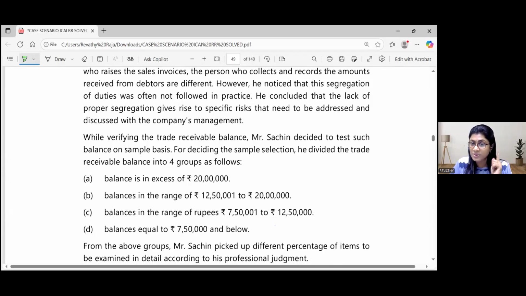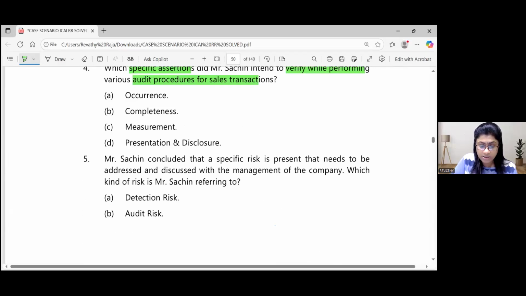P&L account pertains means it is occurrence. So the answer is A, occurrence. Anyway, it's not completeness. It's not valuation or measurement. It's not presented and disclosed as per AFRF.